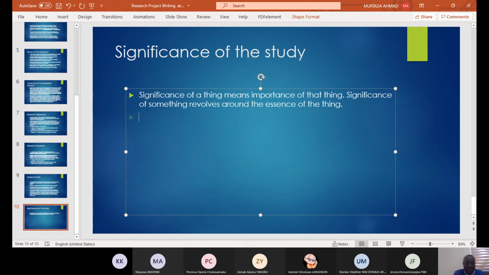So now, therefore, significance of a study suggests what to gain from the study, what to gain.